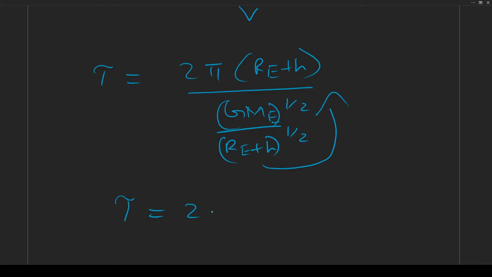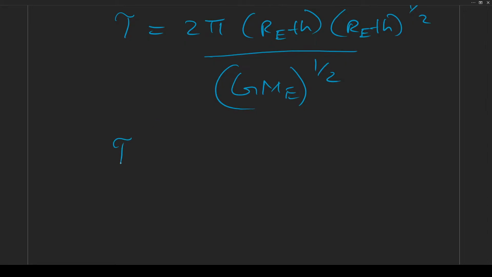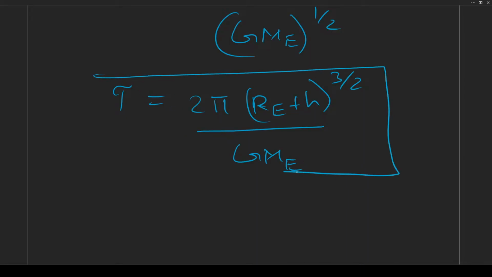Time period is equal to 2 pi RE plus h into RE plus h whole root by GME whole root. We'll get t equals 2 pi RE plus h whole power 3 by 2, since 1 plus 1 by 2 is 3 by 2, by GME. This is the time period here.